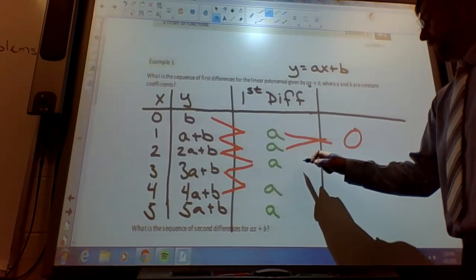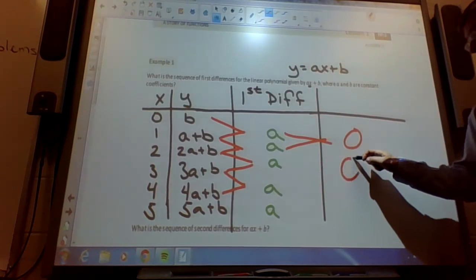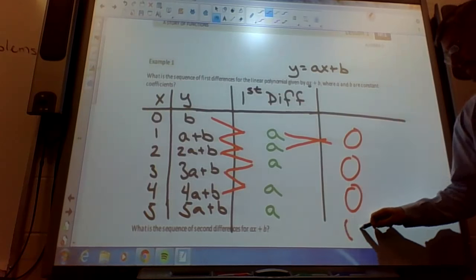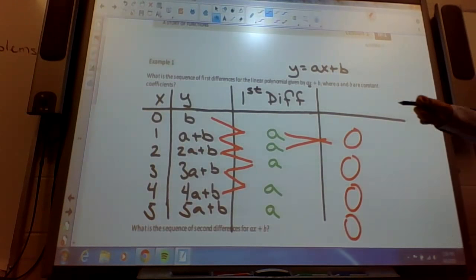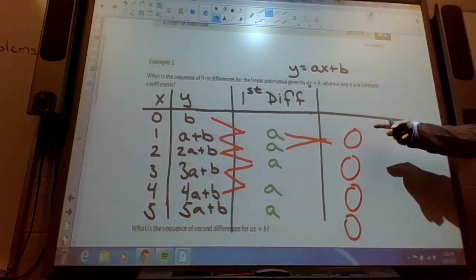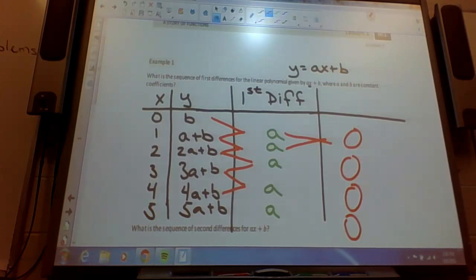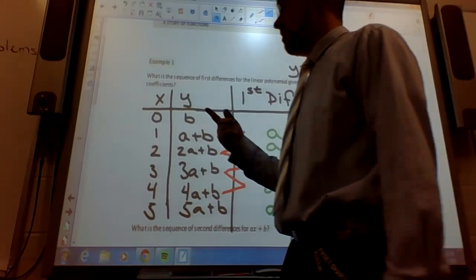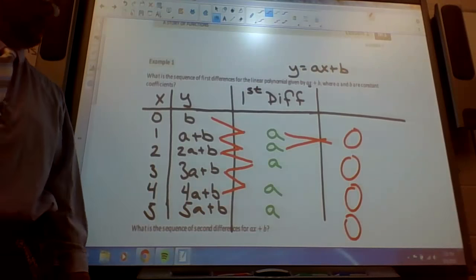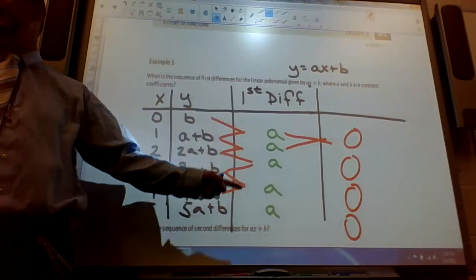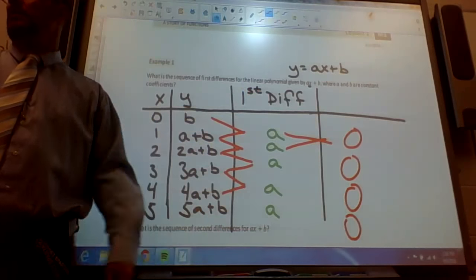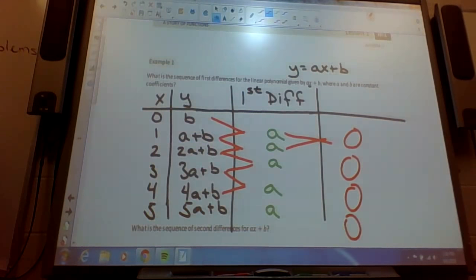A minus A. 0. You see how second differences in a linear equation really don't care about them, right? Because they're always 0. Third difference is going to be 0. Fourth differences, 0. Fifth differences, we really don't care about them. We just care to where we get to the same difference all the way down.